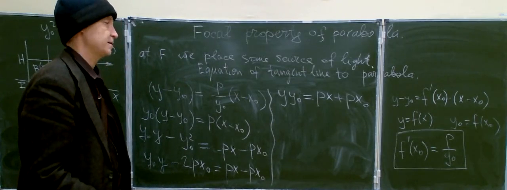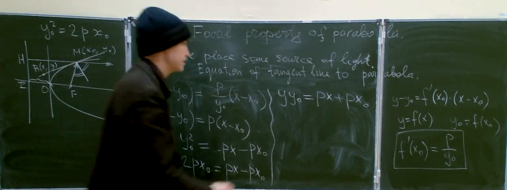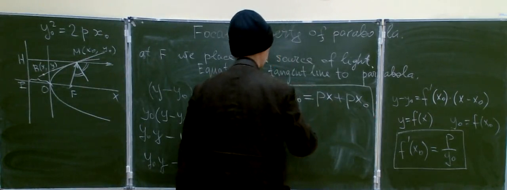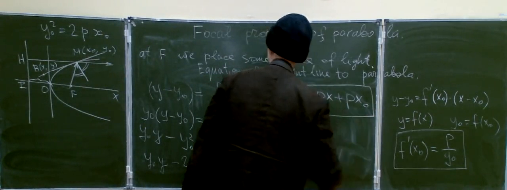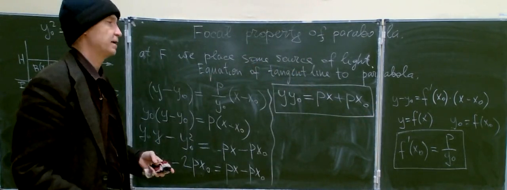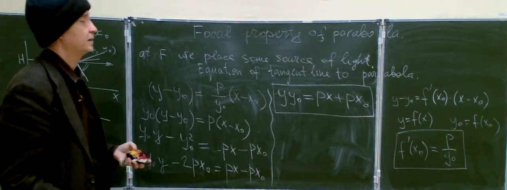The equation is rather simple and it cannot be simplified anymore. Therefore, this is an ultimate equation for the tangent line of a parabola. So, the equation of a tangent line to parabola is written here in the box.